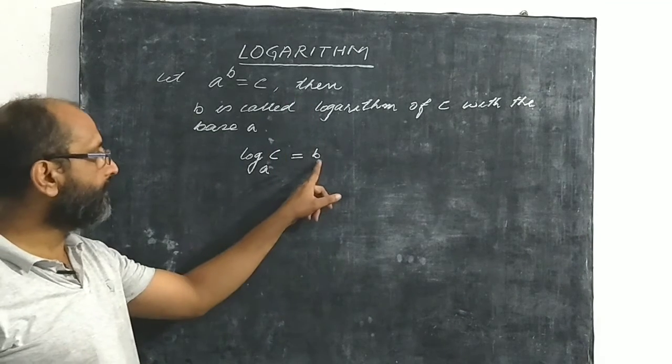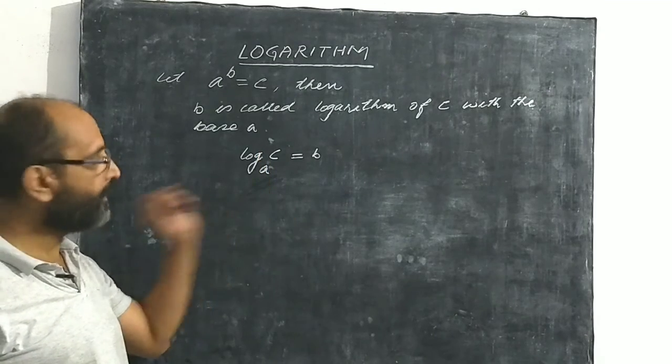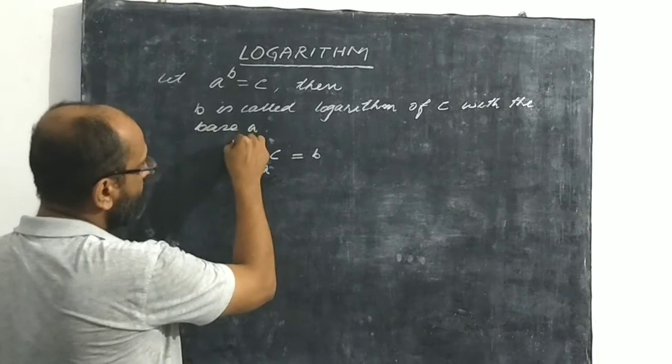So we say that b is the logarithm of c with the base a. Log c base a is equal to b.